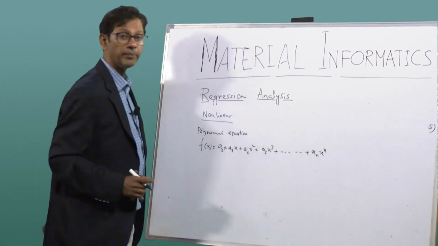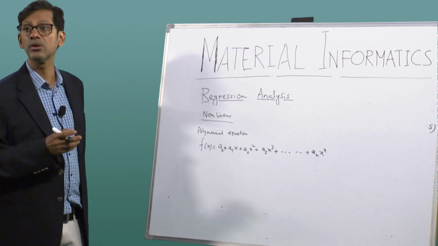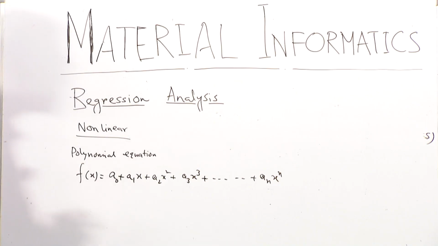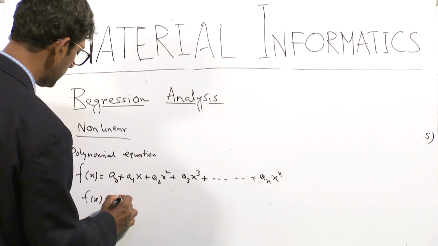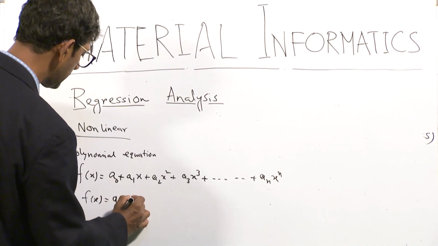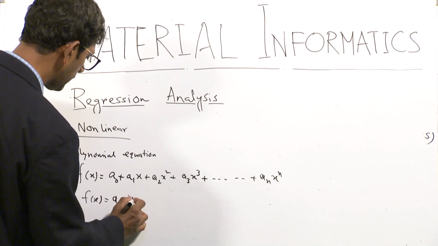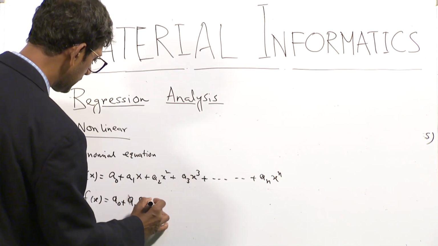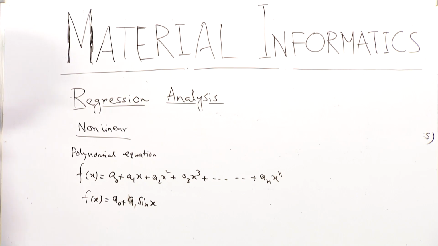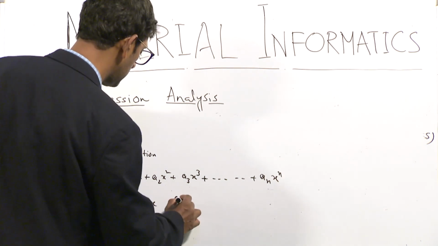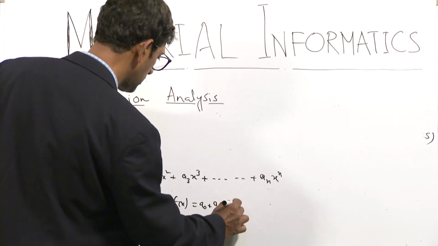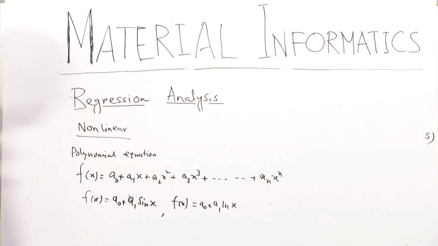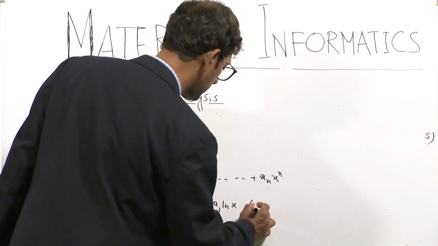This is in algebraic form. You can also have sinusoidal equations, logarithmic equations, exponential equations, right? So you can also have f(x) equal to a0 plus a1 sin x, you can also have log, and you can also have exponential equations.